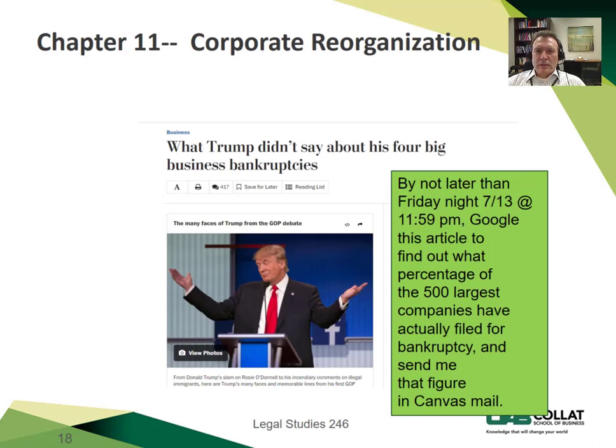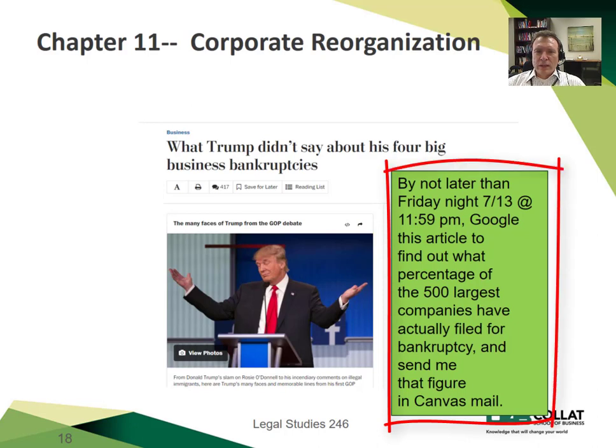Our president touches almost every aspect of business law, including bankruptcy. He, during the campaign when he was running for president, spoke about his bankruptcies. He doesn't speak about them now that he is president, but here's an extra credit opportunity for you.